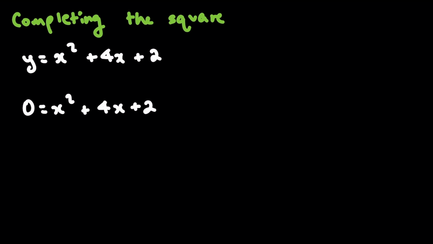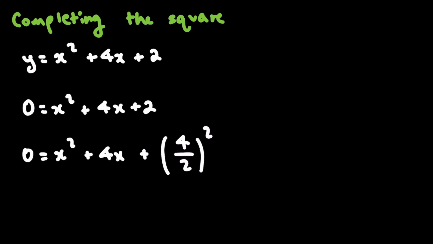Please feel free to rewind or pause the video if any point doesn't make sense, but this is how you do completing the square. We take the coefficient of x, the b value, and add half of it, so 4 divided by 2, and then we square it.